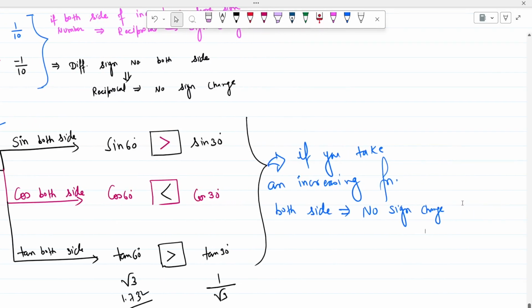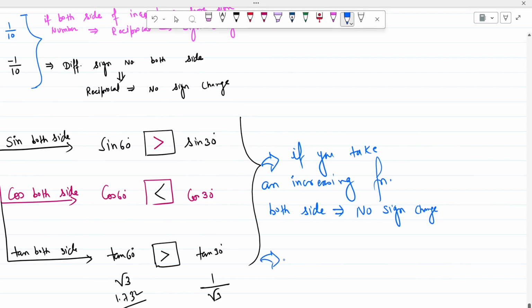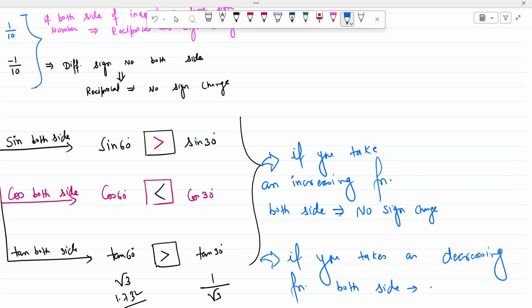Whereas the opposite rule is here: if you take a decreasing function on both sides, the inequality will get changed. Sign will change.